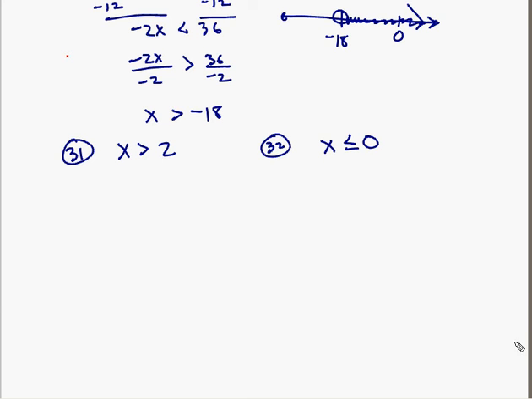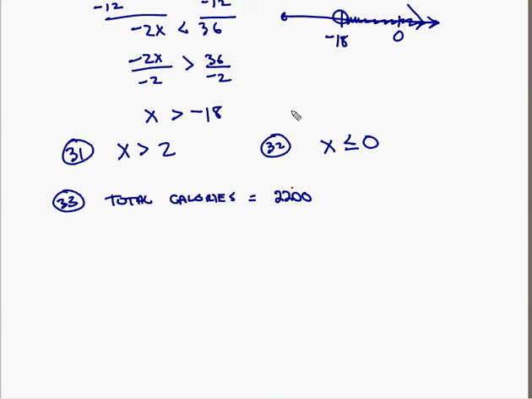Looking at number 33, the story problem states that a nutritionist determines that one of her patients should have a daily intake of 2,200 calories. So the total calories equals 2,200. No more than 20% of these calories should come from fat.